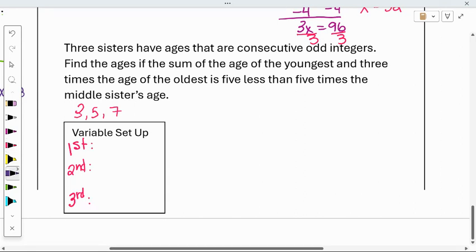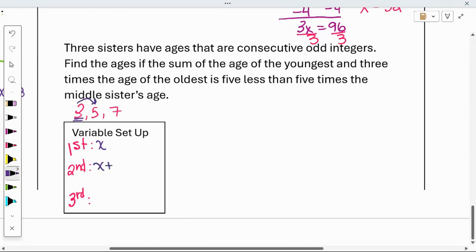Do you feel like you can identify all 3 variables? If our first one always starts off as x, what do I do to the 3 to get it to a 5?